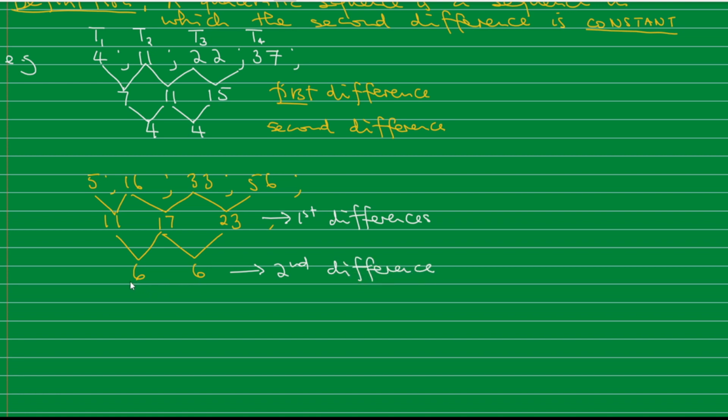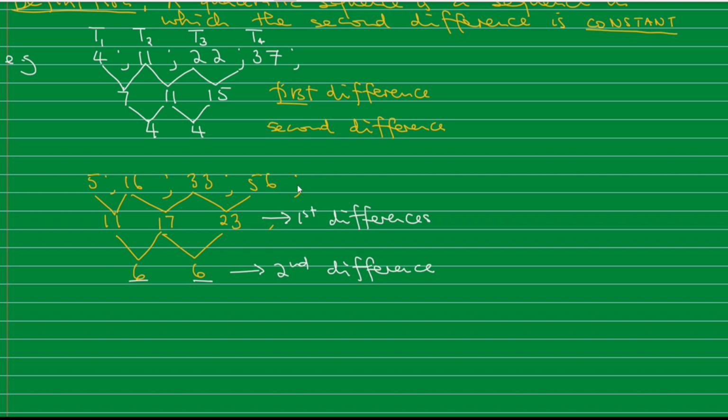So our second difference is constant, it's not changing, it is the same. So that sequence is a quadratic sequence. There are many examples that we can give, but that's how you define a quadratic sequence. So how do you handle such questions?